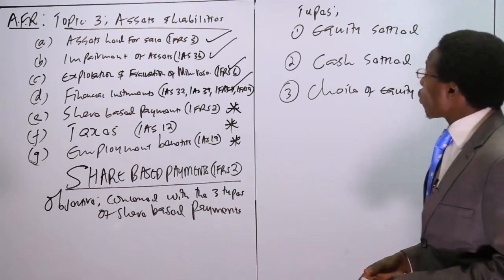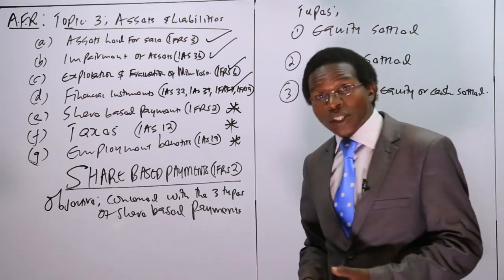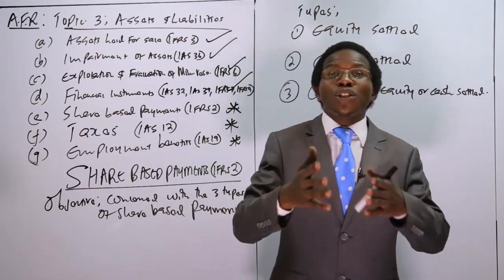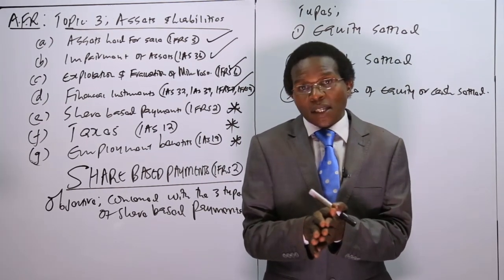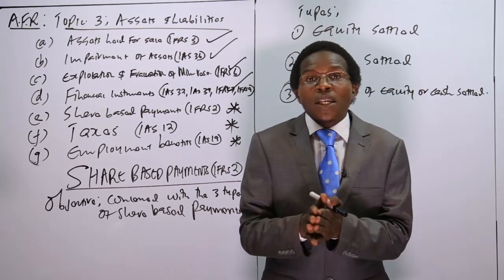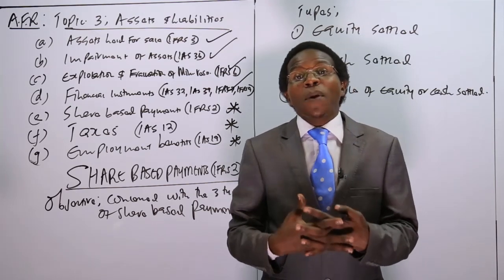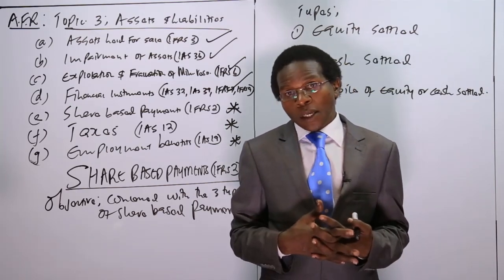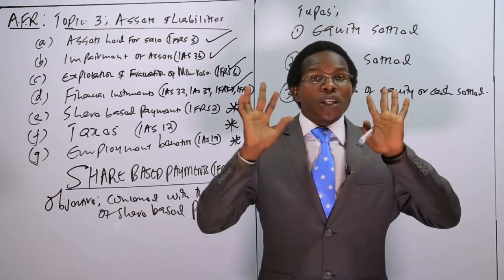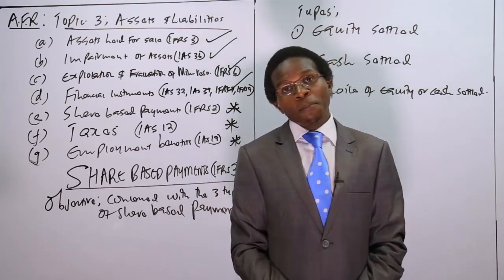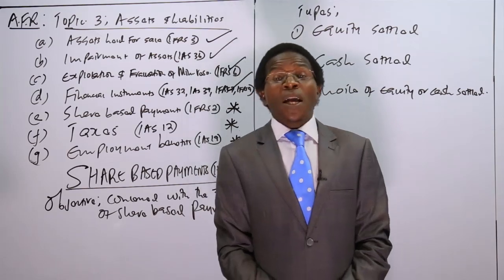Now, friends, when you talk of equity settled share-based payments, that is where we are going to issue shares to those who have provided services or supplied goods to the firm. So we issue shares to them which they can exercise at their time of need.